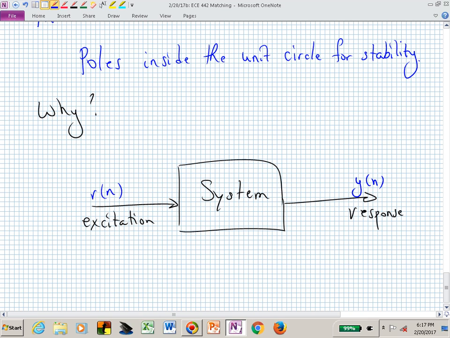Now, our physical systems are what? You kick them and they respond, right? It's not they respond and then you kick them. They're not anti-causal. The systems that we're dealing with in this controls class are causal, meaning the response occurs after they are excited.